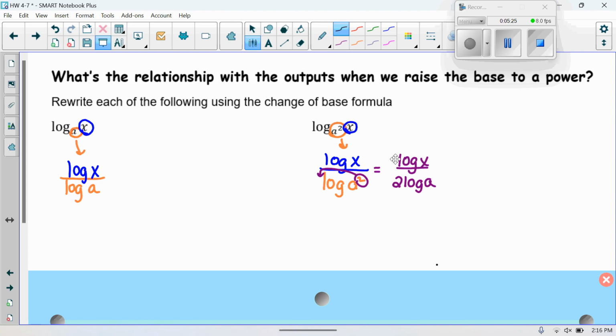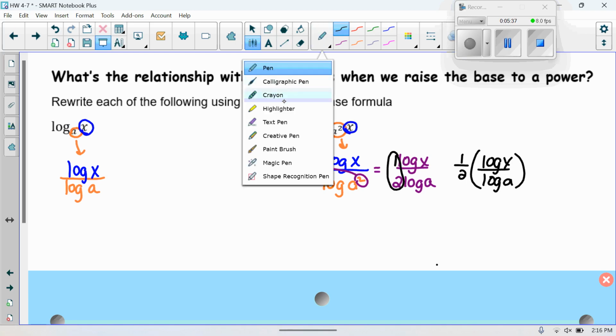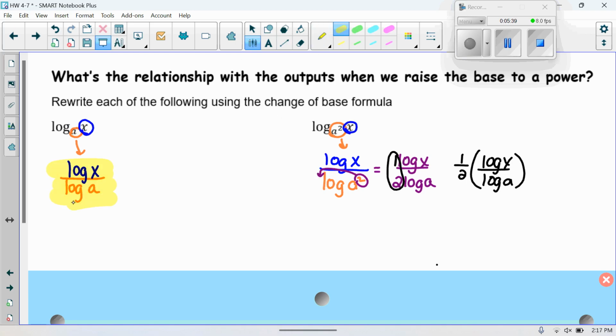And there's an imaginary 1 up here, so I can actually pull this out and make this 1/2 of log x over log a. And now if you notice, this is this. So what actually happens is when I square my base, my output is multiplied by 1/2.